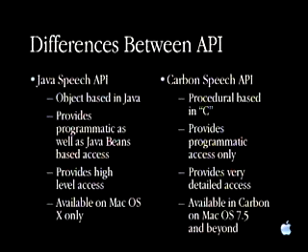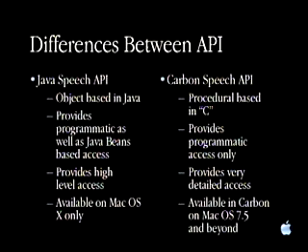So what are some of the differences between what we're talking about today and the underlying technologies? Well, the Java Speech APIs are object-based, whereas the Carbon APIs are C APIs, native APIs. The Java frameworks provide programmatic as well as visual programming for the frameworks. The Carbon APIs are only programmatic.